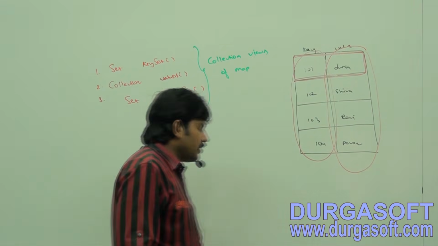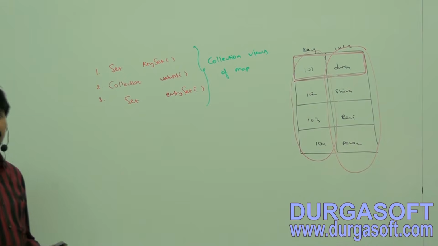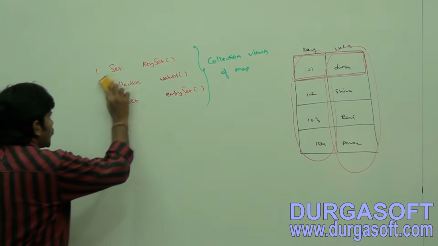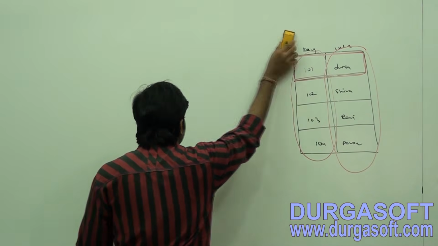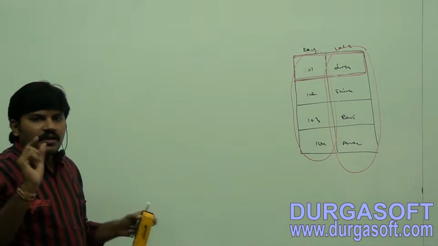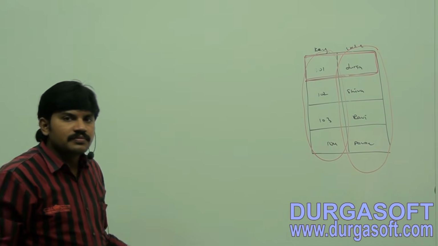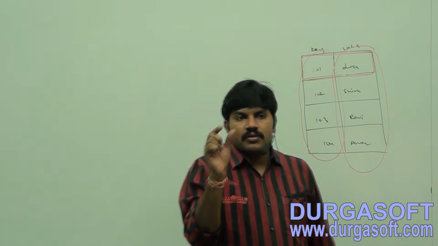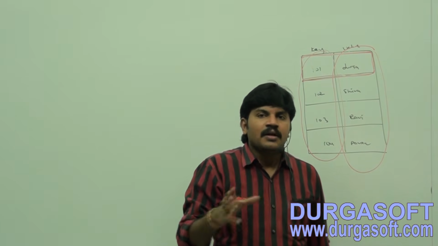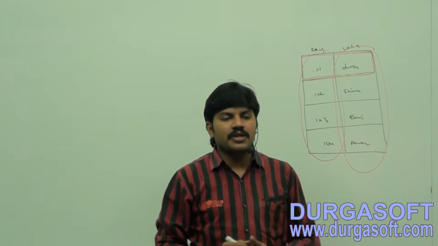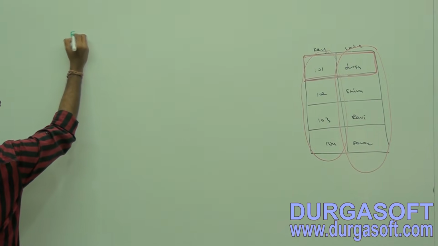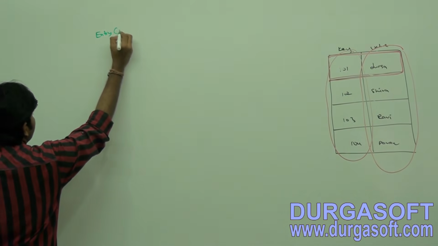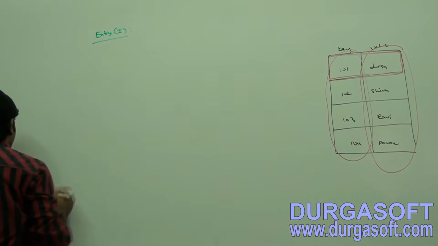Now the next terminology, take special care about this one. Here there are three methods related to entry. Each key-value pair is called one entry. On the entry, which methods can we apply? Keep the subheading: Entry interface.